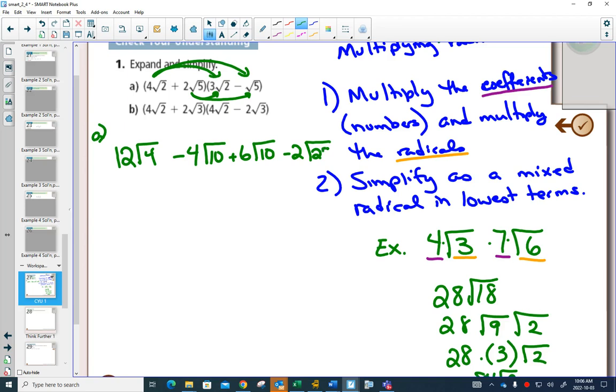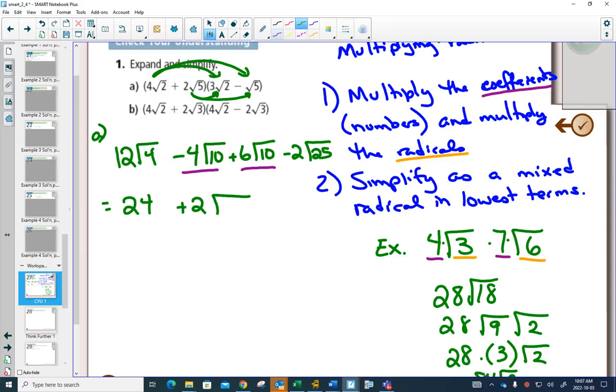And again, I'm going to write the square root of 25 right now, but you might have seen that that was supposed to be 5 already. Square root of 4 is 2. 2 times 12, that's 24. Can you see that these two are like radicals? So I have 6 of them minus 4 of them. I'm going to have 2 of them.